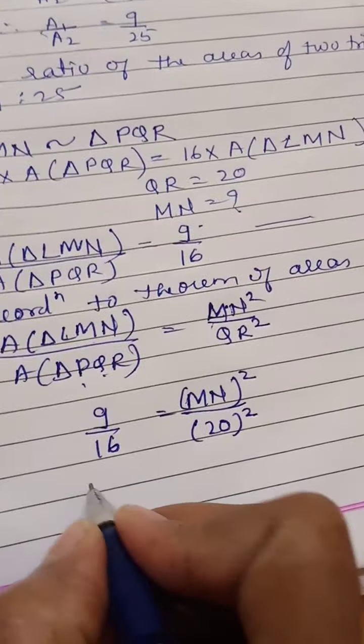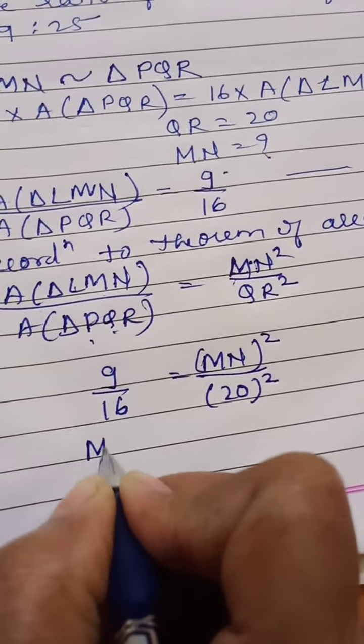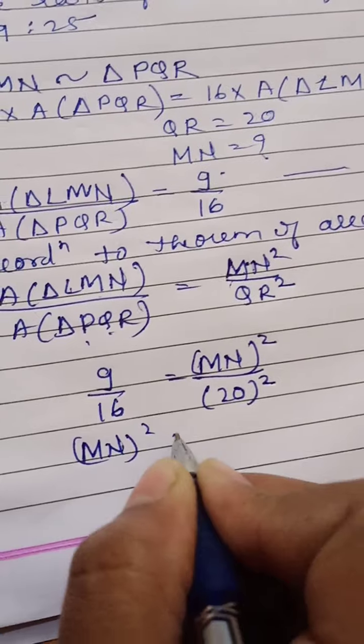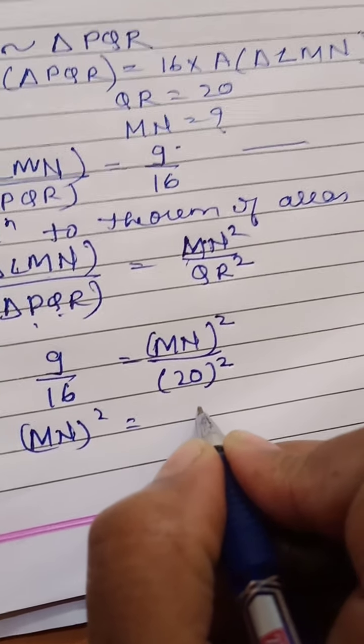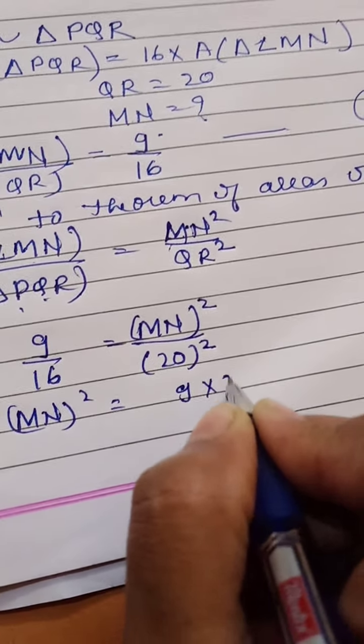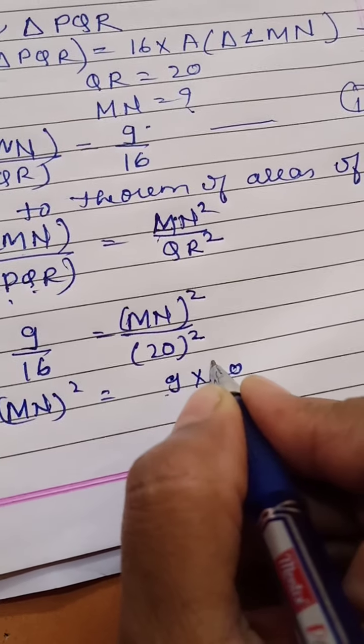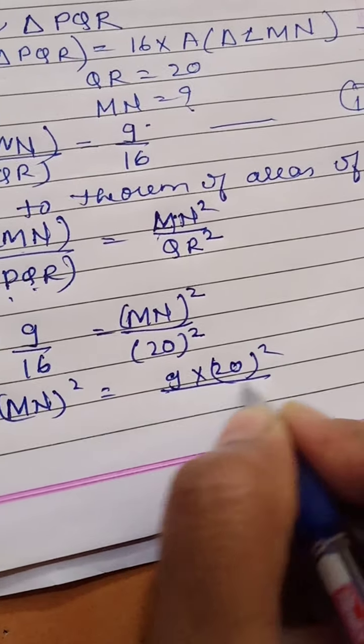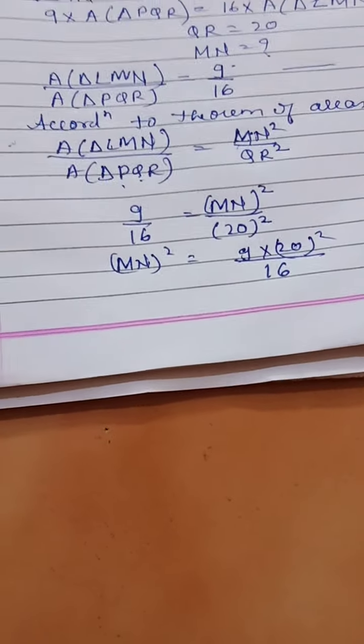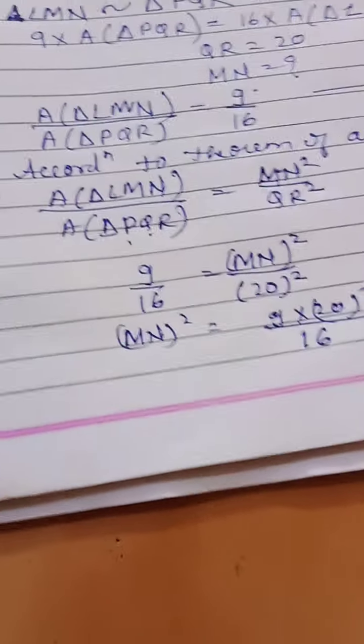Now what will we do? MN square is equal to 9 into 20 square upon 16. So MN will be what?